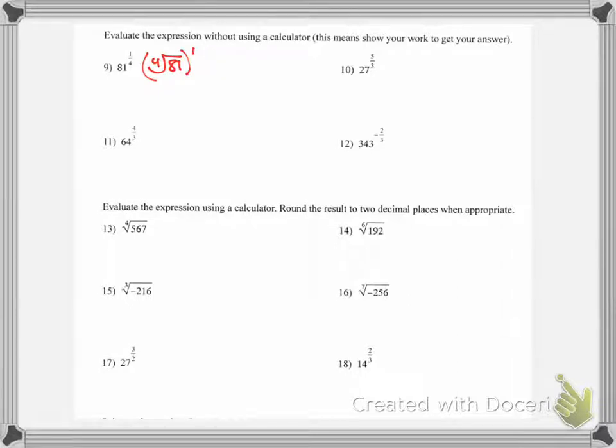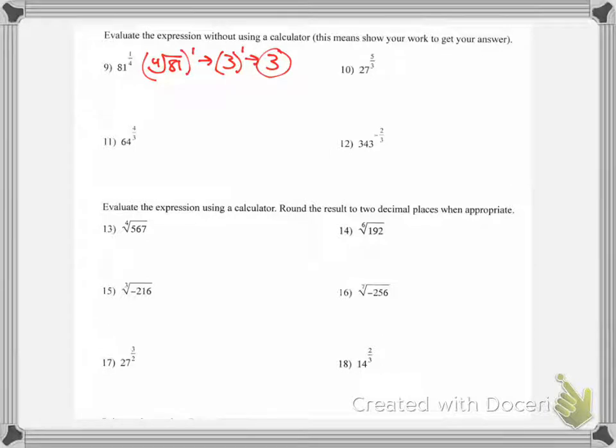If you haven't quite picked up on some of these basic numbers that you get with like 3rd roots, 4th roots, etc., it's fine for you to use your calculator and punch it in, but I do want to see this little bit of process showing me that you can at least show the work. So if I take the 4th root of 81, it comes out to 3, and 3 to the 1st power remains 3.